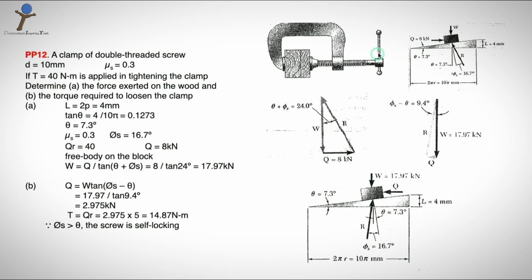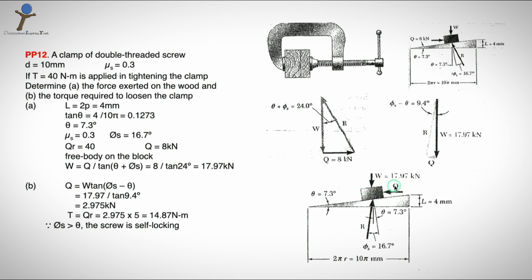Coming to question B, it is the torque required to loosen the clamp. That means rotate the handle in anti-clockwise direction so that the mobile frame moves towards right and loosens the wood. For that, you can directly use this wedge and block problem with motion impending down the plane.